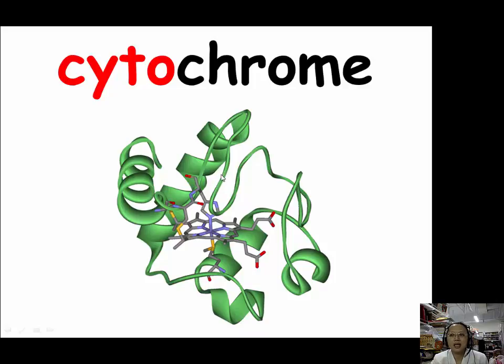Cytochrome is any of various related hemoproteins found in the cells of most organisms, which are an important part of cellular respiration, and it can transfer one electron every time. In this picture, we show cytochrome C, which is one of the important components in the respiratory chain.